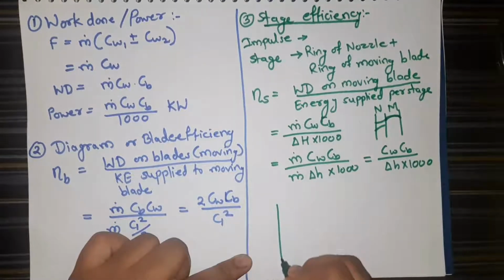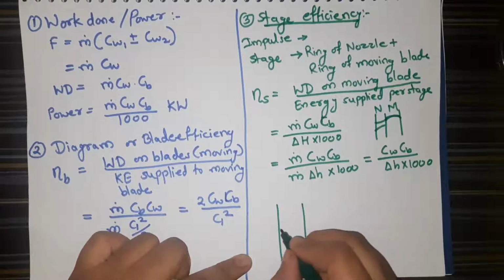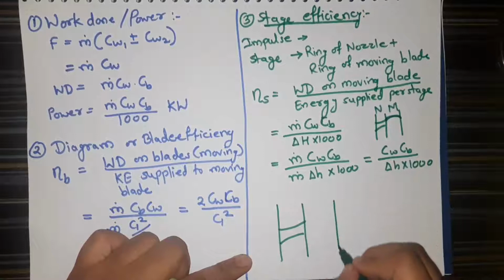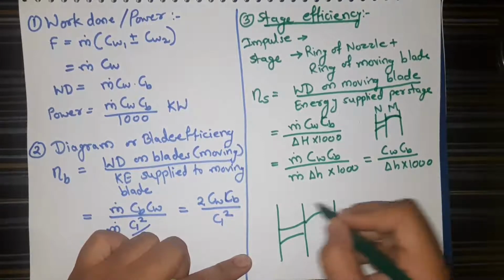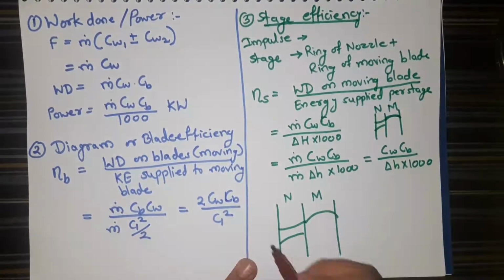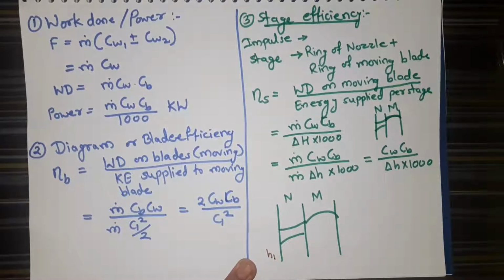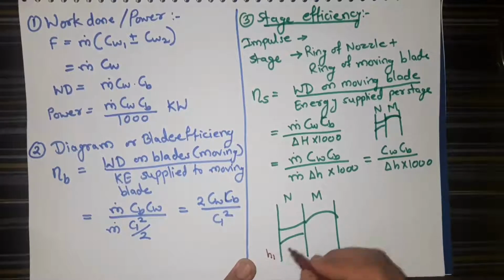So here you can see the ring of the nozzle, and after that there is a ring of the moving blade. Here we know that we have high pressure, so it will have, let's say, H1 energy, and that H1 will be converted into kinetic energy.